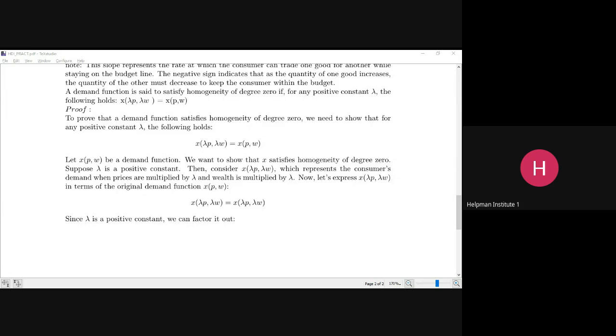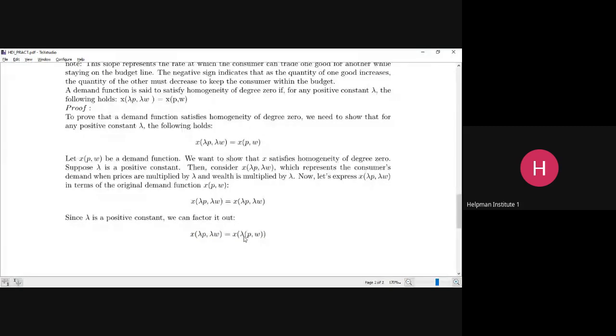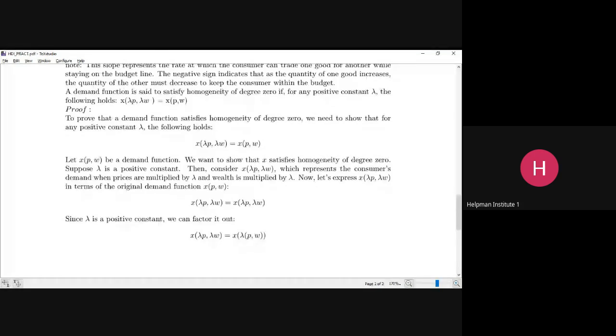When we factor that out, we'll have an expression that looks like this. You don't bring it out of the x directly; you bring it out of p and w, and then the next step is to bring it out of x.